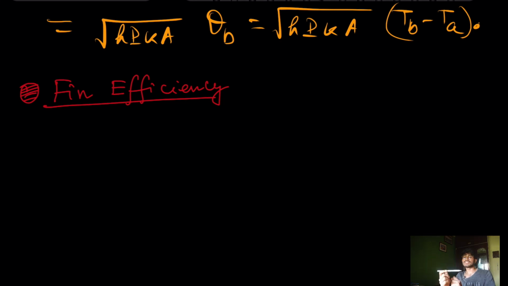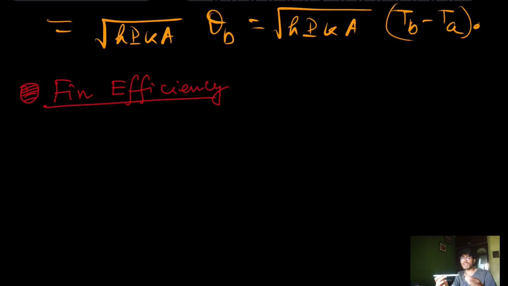So if this fin is having negligible thermal resistance, that is zero thermal resistance, that means the temperature drop from this end to this end will be 0, but there will be heat transfer, okay. Heat transfer will be there, but the temperature drop will be 0. So the fin will be at same temperature throughout, okay. I repeat again, because of having finite thermal resistance and that is having finite thermal conductivity, this fin is having some temperature drop from here to here, the temperature is decreasing throughout the fin.